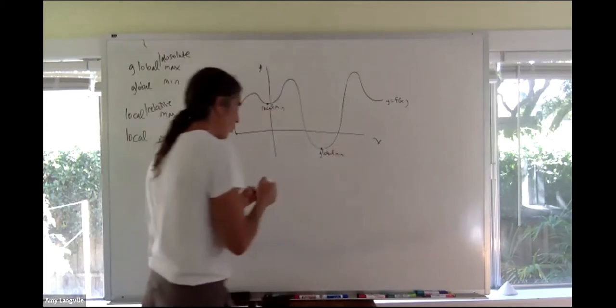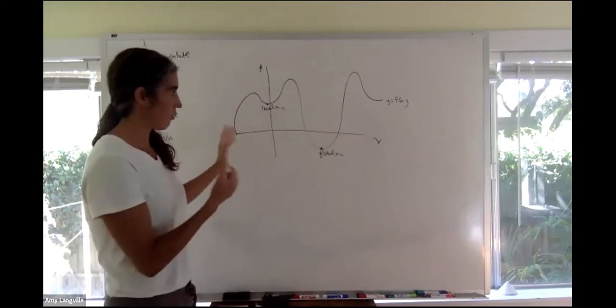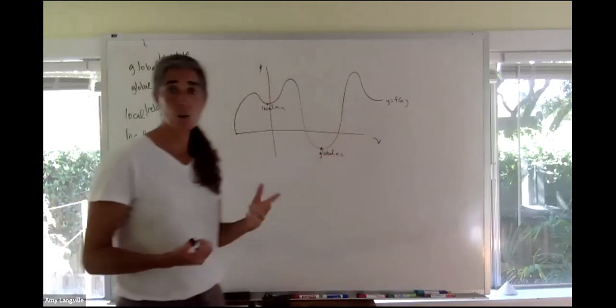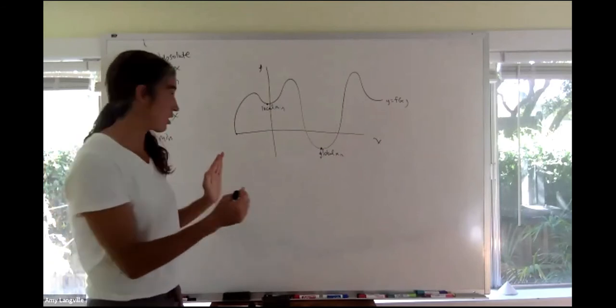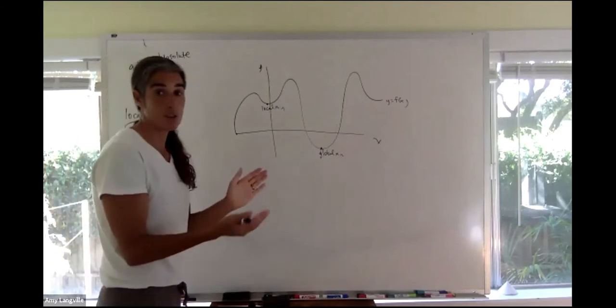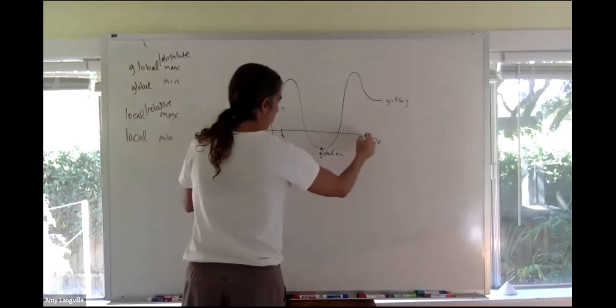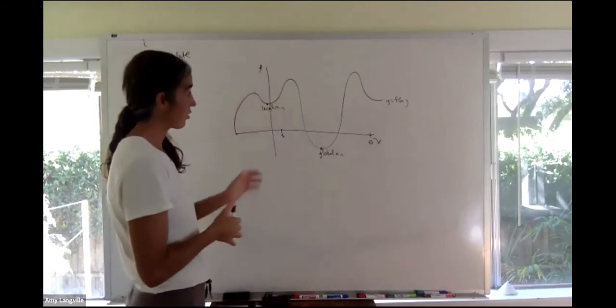So global extrema are defined either on the entire domain of the function. So if the function begins right where I drew it, ends over here where I stopped, or global extrema are also defined on some closed region that is given to you. So they might say from, let's say, 1 to 10, what is the global min? And the answer would be the same.